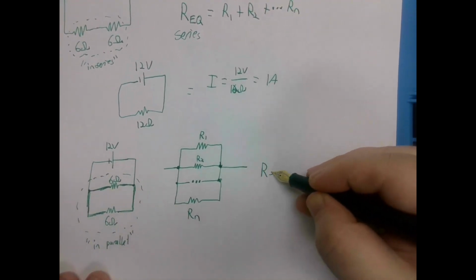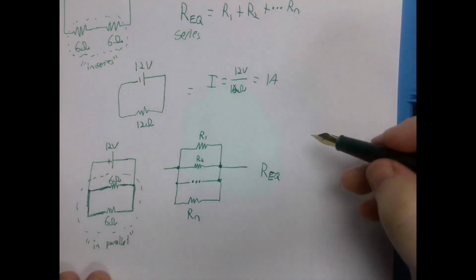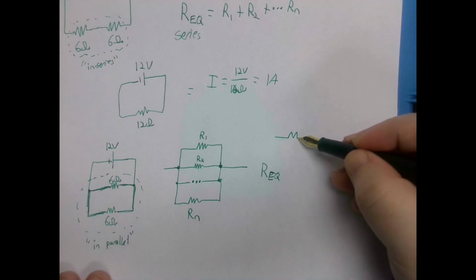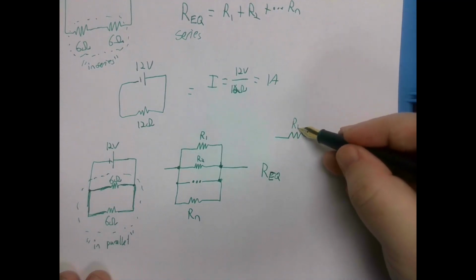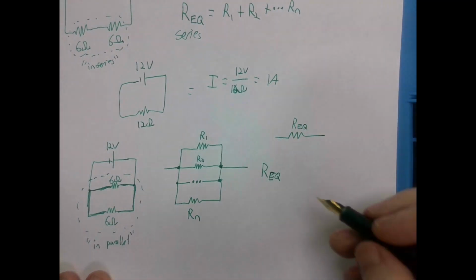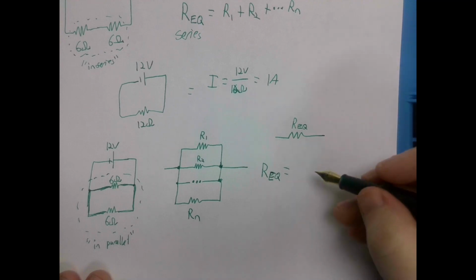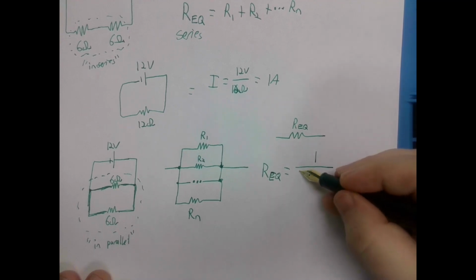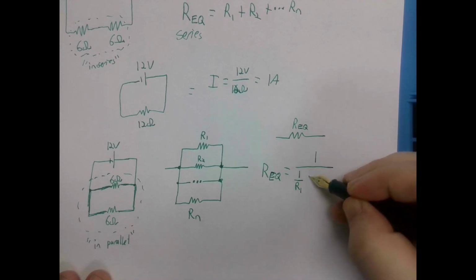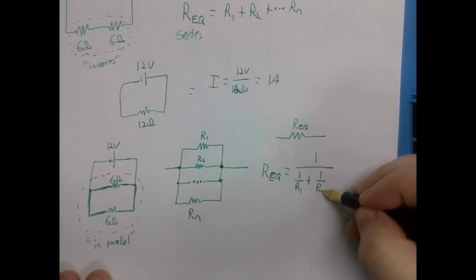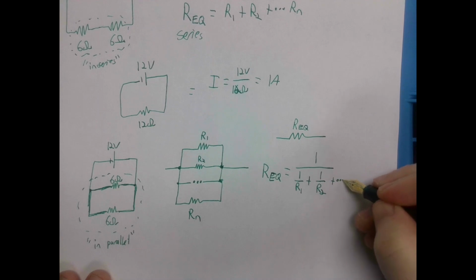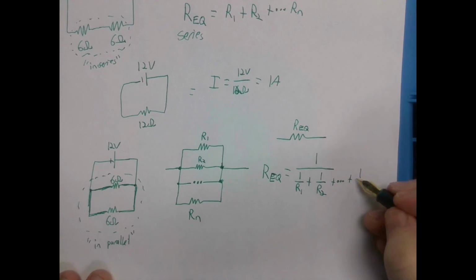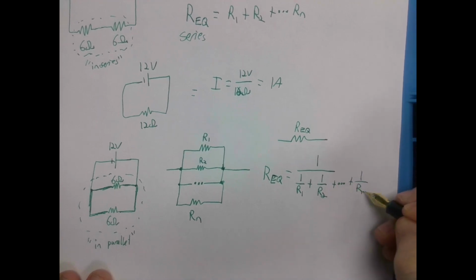Then R equivalent, these all can be replaced with a single resistor, Req, that will be equal to 1 divided by R1 plus 1 divided by R2 plus ... plus 1 over Rn.